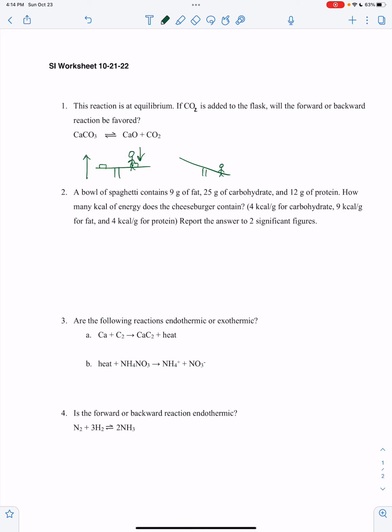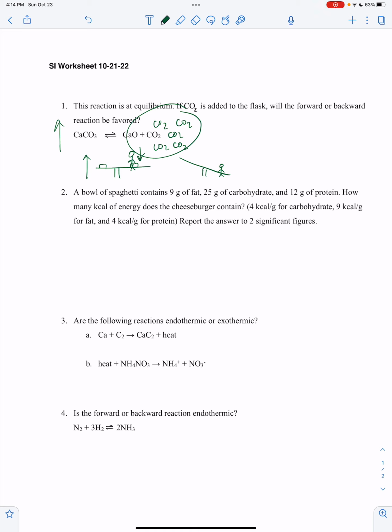So if we add more molecules to this side, not just one, but a bunch now, if we add more weight to this side, this will go up. So there's going to be more calcium carbonate produced.